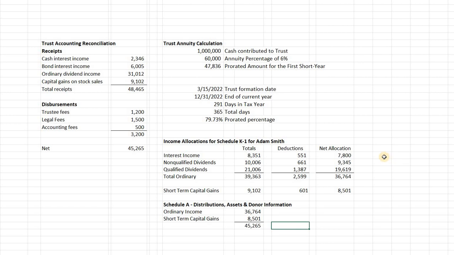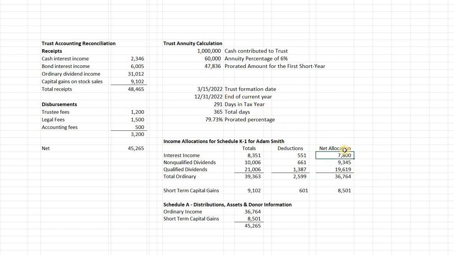So the $47,836 exceeds all of the income earned in the trust during the year. So we can kind of skip ahead almost, because we know that all of the income is going to be distributed out, and we even had to dip into some of the principal to cover the shortfall. So we had the $47,836.